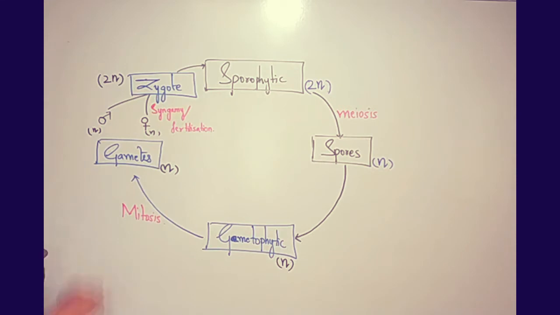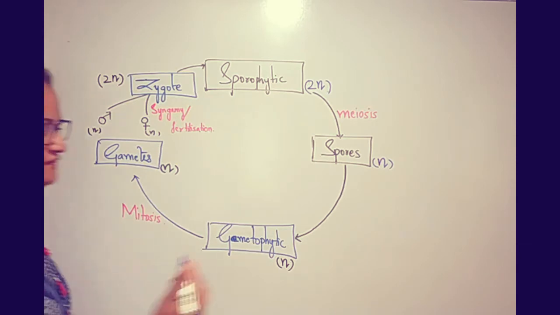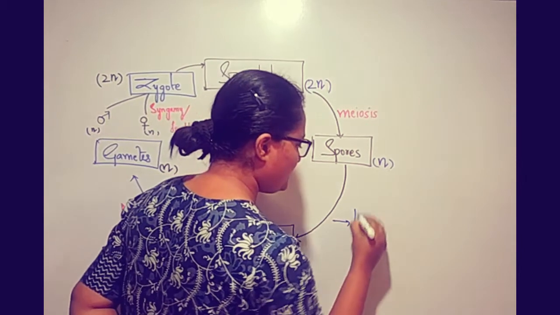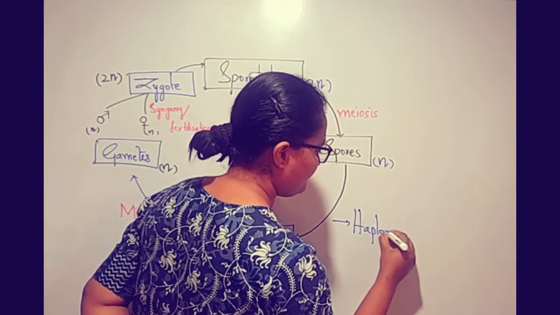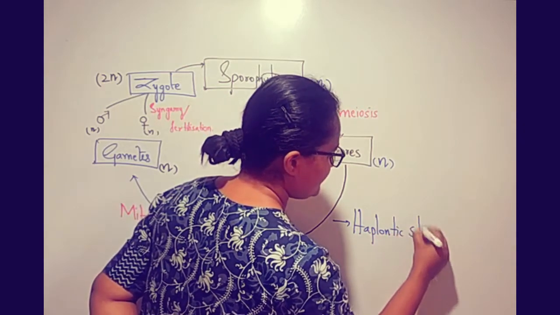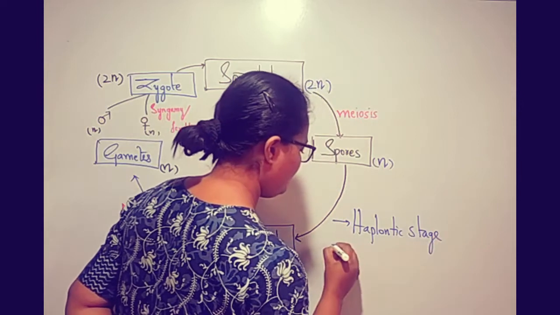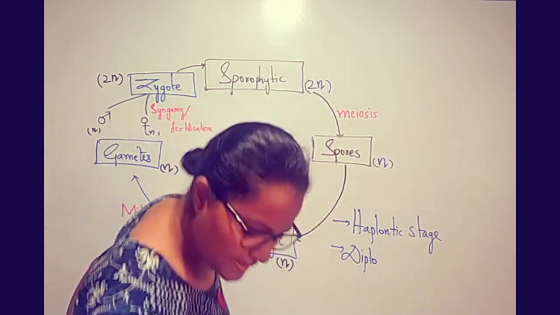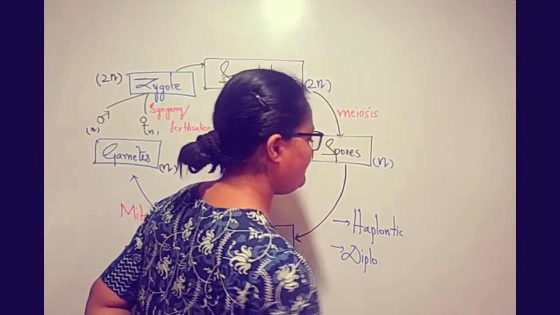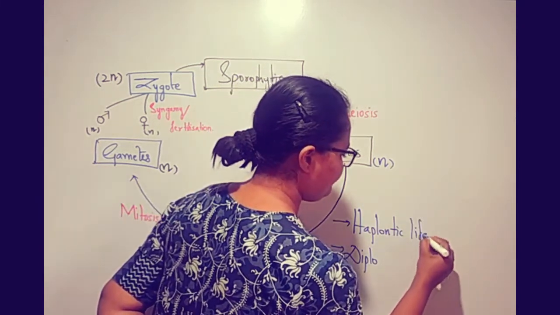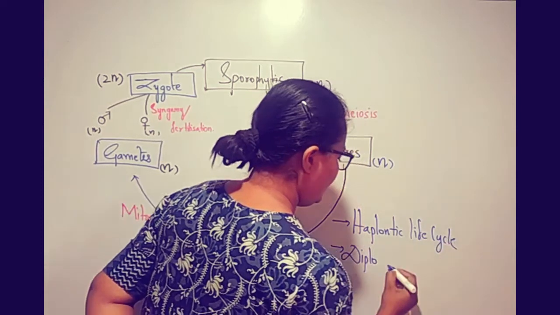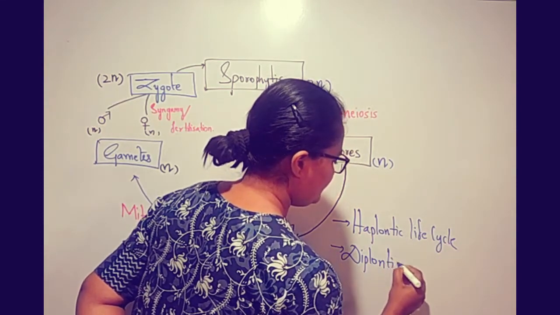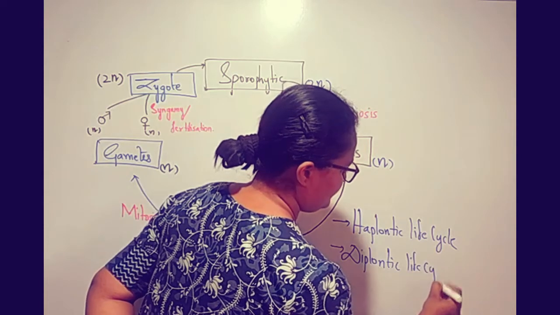Based on this typical life cycle, we'll understand there are three types of life cycle in the plant kingdom. One, haplontic life cycle. Diplontic life cycle.